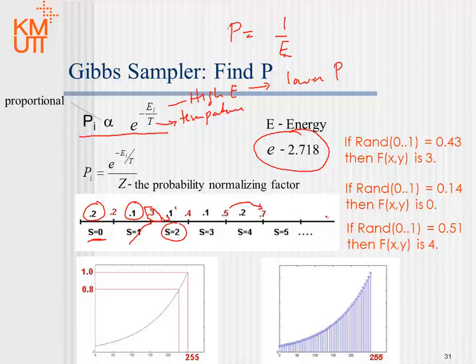Eventually, at the end of all states, we will have 1, because the sum of the probabilities is at most 1. Then to sample, we just get a random number between 0 and 1. You can use a random number generator. For example, if we get the value 0.43, it lies between here and here. That means we will choose state 3 as our answer. This is called sampling from this distribution function for the appropriate state.